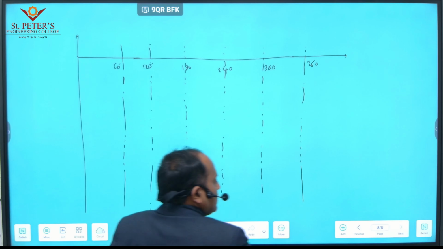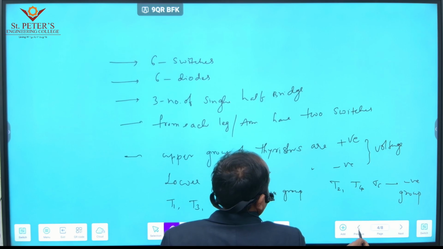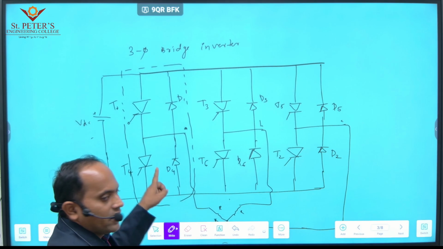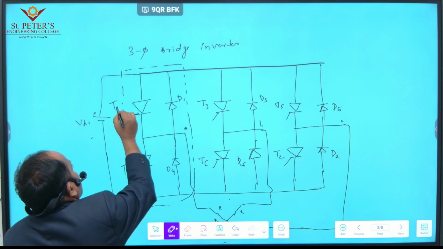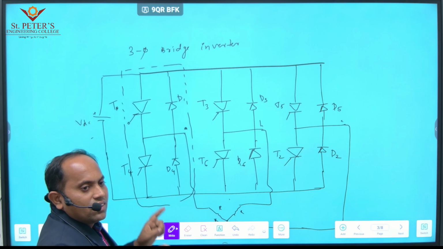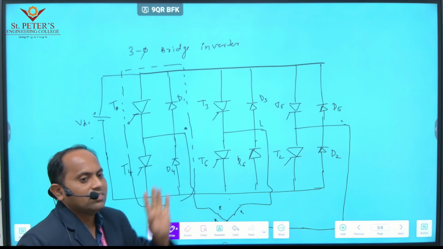Okay, from this bridge inverter diagram, we can say that each thyristor conducts for 180 degrees in each leg. That means T1 can conduct from 0 to 180 degrees and T4 can conduct from 180 to 360 degrees.